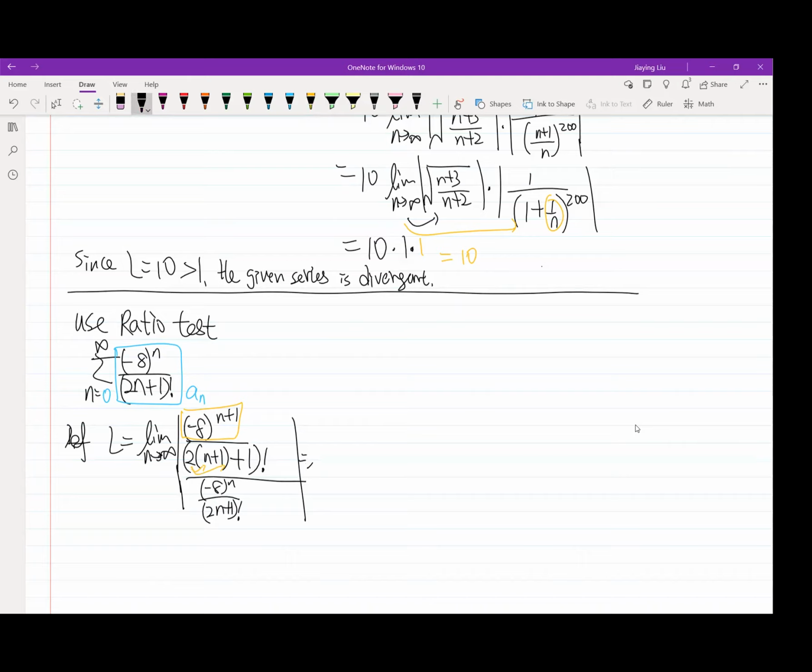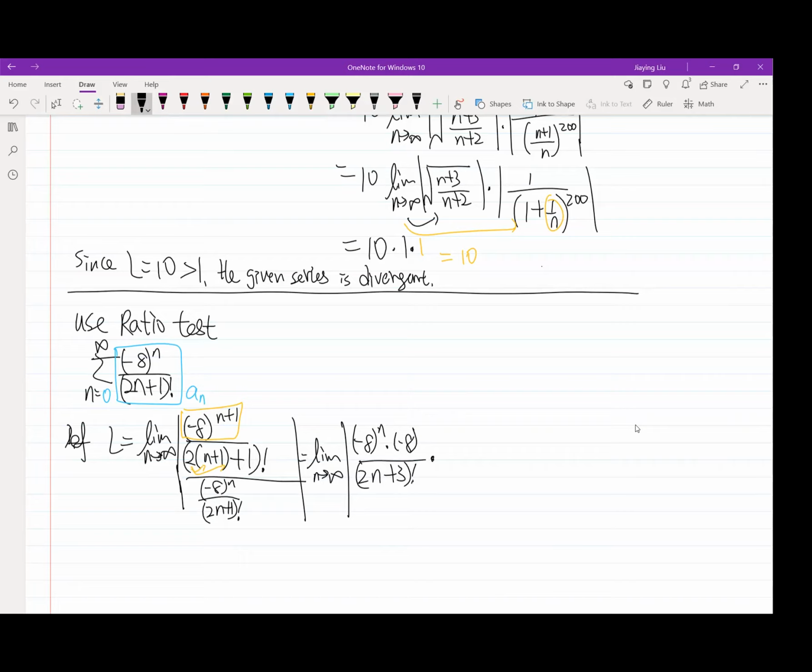So that becomes the limit as n goes to infinity. The numerator is negative 8 to the n times negative 8, and the denominator, if we distribute the 2 and add 1, we get 2n plus 2 plus 1, so that's (2n plus 3) factorial.